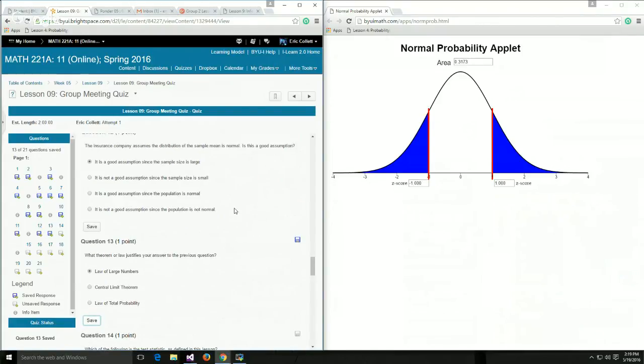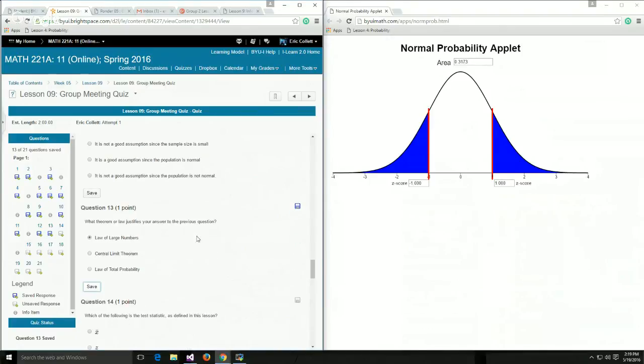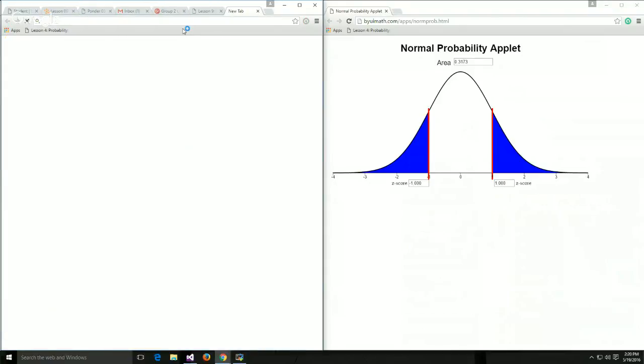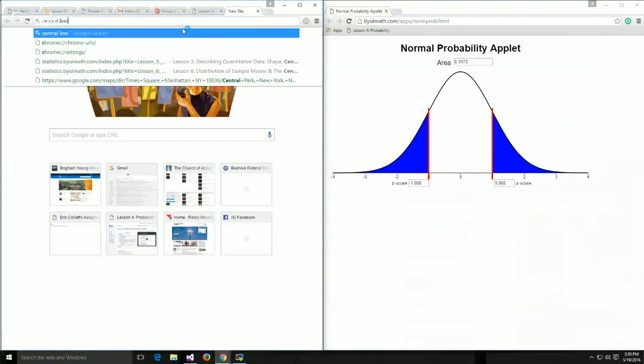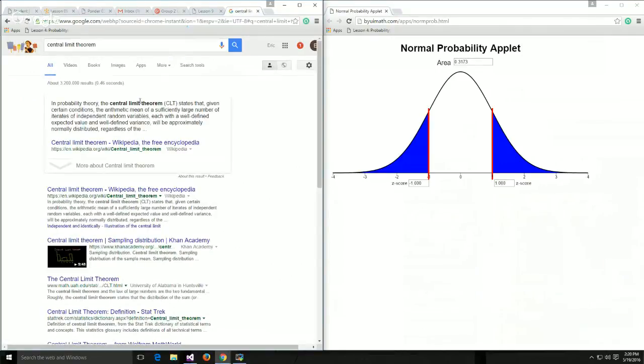Yeah, it's in the central limit theorem though, because it says as the sample size gets larger, it guarantees that the data will be distributed normally. Yeah, Luis is right. It is the central limit theorem. That's what at least the book says.